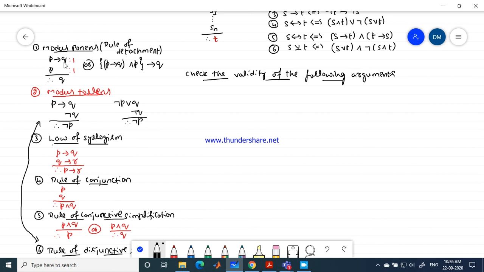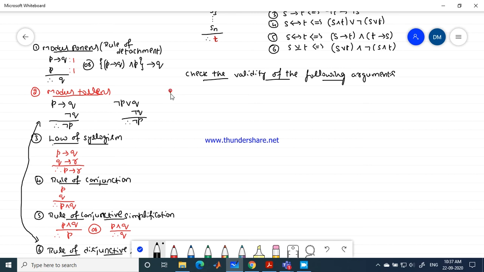The statement is true, and now Ravi studied, so I assume the hypothesis is true here. The conclusion has to be true for the modus ponens, or the argument, to be valid. So I am concluding that Ravi passed in DMS. Like that, you can frame your own examples to appreciate all these rules of inferences.